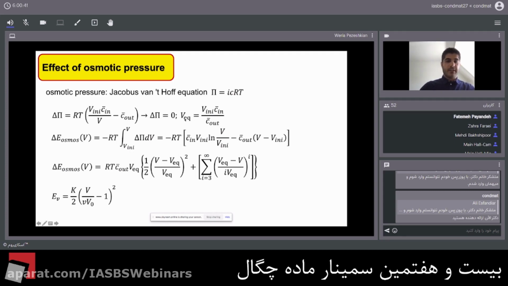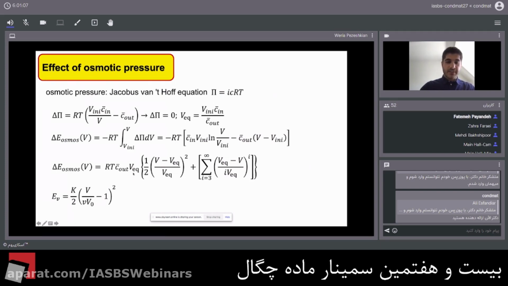Then, integrating this equation to obtain the energy associated with the volume change, we get to this equation, and then to something like this, which eventually, depending on this parameter, tells us which term is important.